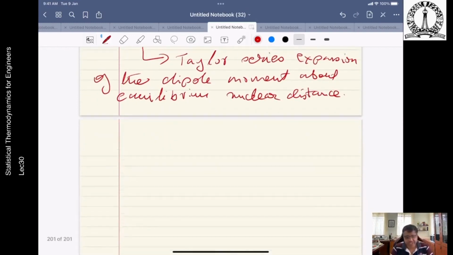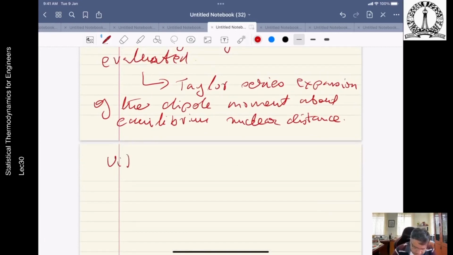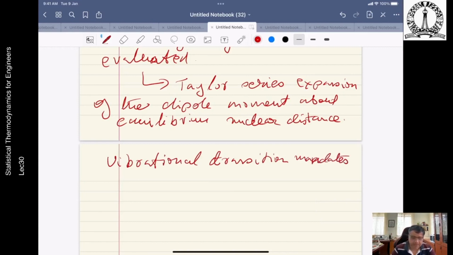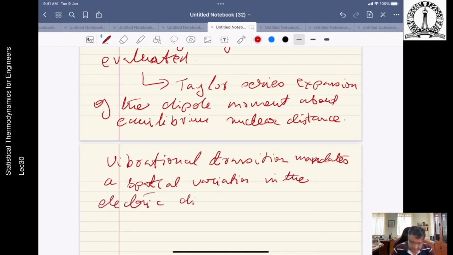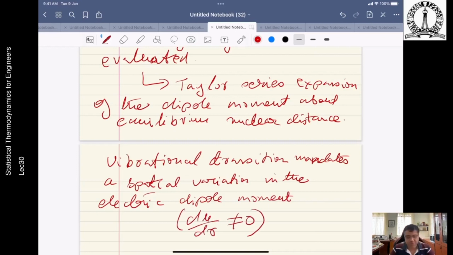If we follow this procedure, we find that a vibrational transition mandates a spatial variation in the electric dipole moment, which means dmu by dr cannot be equal to 0.